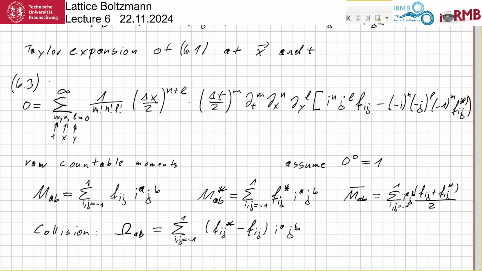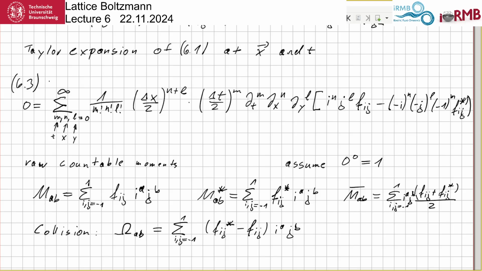The little difference is that when we have the average, we divide by 2, and if we take the difference, we do not divide by 2. That's the only thing to remember here.